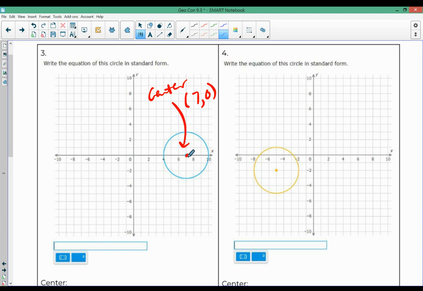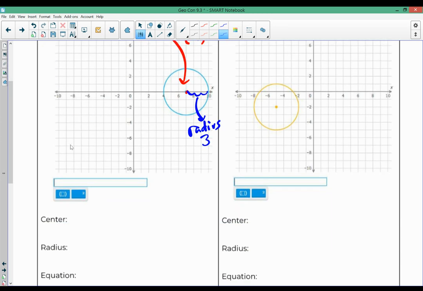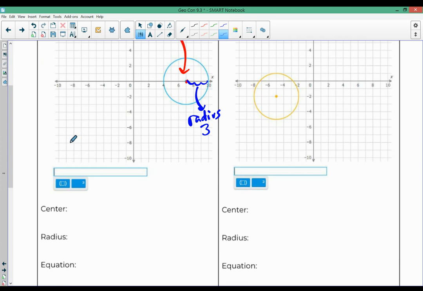And our radius is 1, 2, 3. So now I'll put that here. Our center was 7, 0. Radius 3. Our center is h, k.